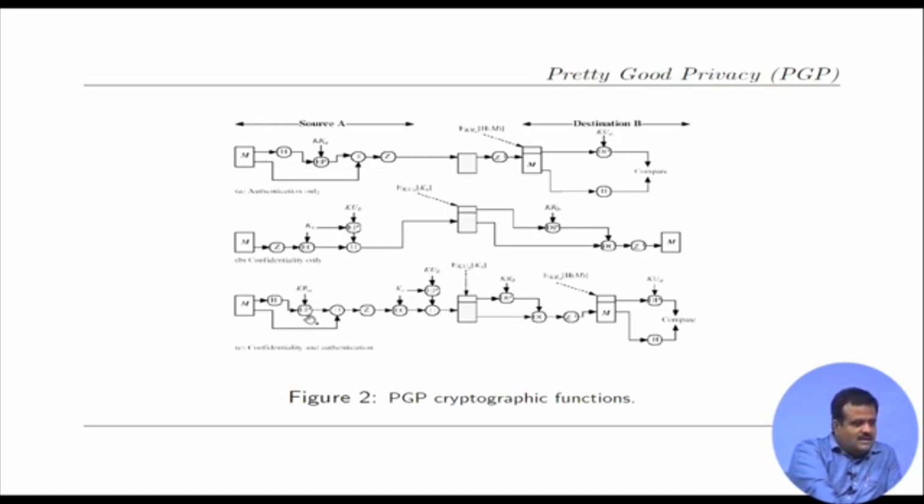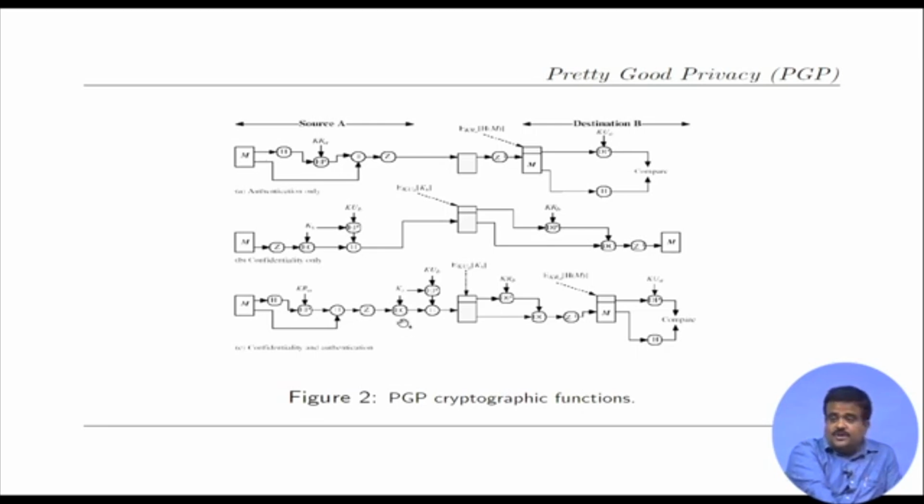A is signing the hash code of this message, and then we append this message with the signature signed on the hash code of the message, and then we compress it, the zip.